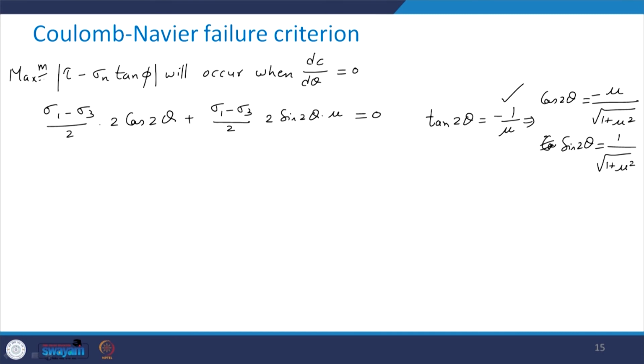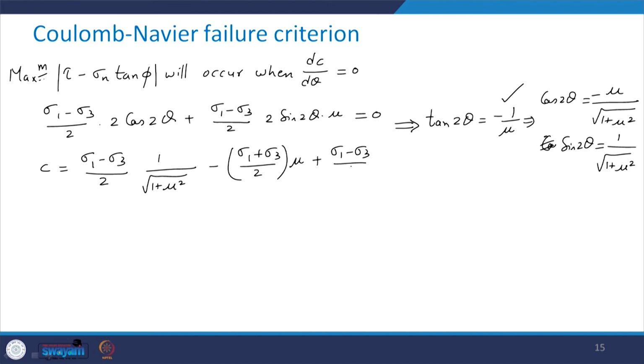Substitute this here. So what we are going to get is C equal to (sigma 1 minus sigma 3) upon 2, 1 upon square root of 1 plus mu square, minus (sigma 1 plus sigma 3) upon 2 mu, plus (sigma 1 minus sigma 3) upon 2, mu upon square root of 1 plus mu square, and then you already have 1 mu here.